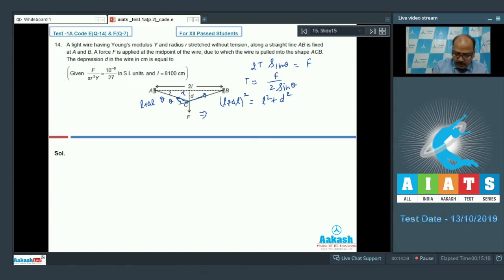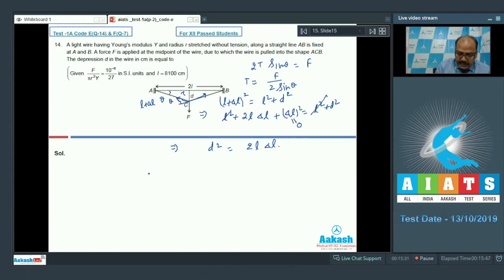Simplifying, we get L square plus 2L delta L plus delta L whole square equals L square plus D square. We cancel L square on both sides, and since delta L is going to be small, delta L square can be neglected. This gives us D square equals 2L delta L.